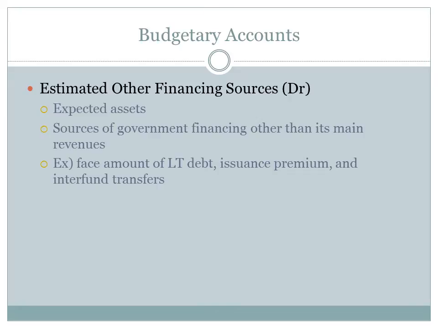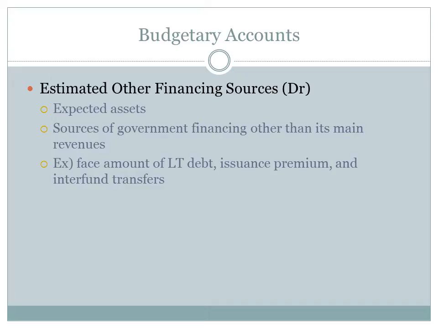Estimated other financing sources, like estimated revenues, also have a debit balance. These are expected assets, but these are sources of government financing other than its main revenue sources like taxes, fees, etc. Examples of these are the face amount of long-term debt, the issuance premium on long-term debt, and any intra-fund transfers.